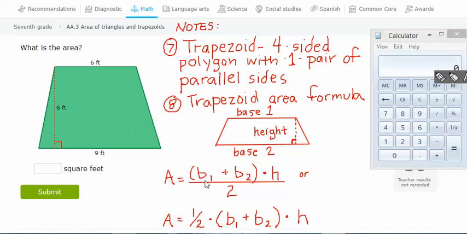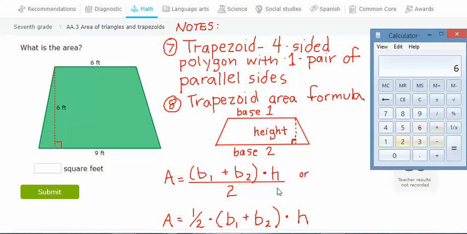All right, so base 1, we look at the diagram, that's basically the shelf up here, the roof, let's say the roof. So that would be 6 plus the floor, base 2, that's the bottom base here, plus 9.